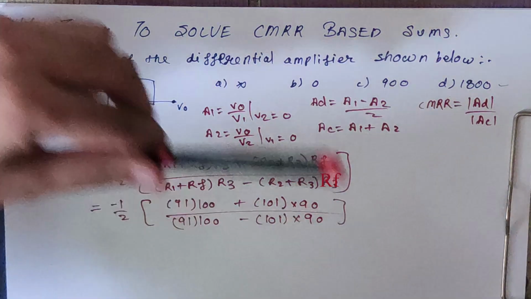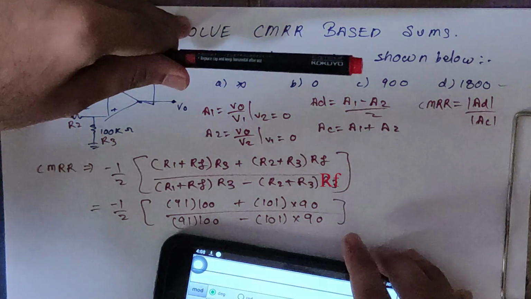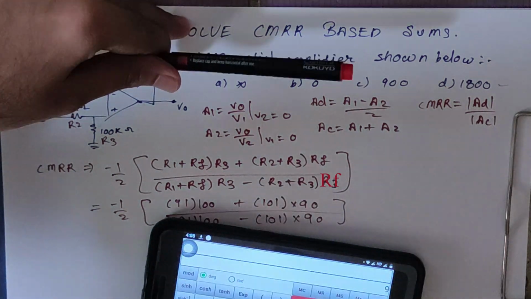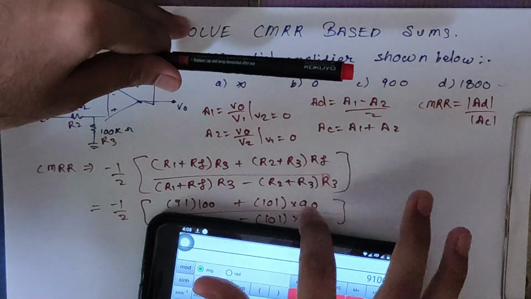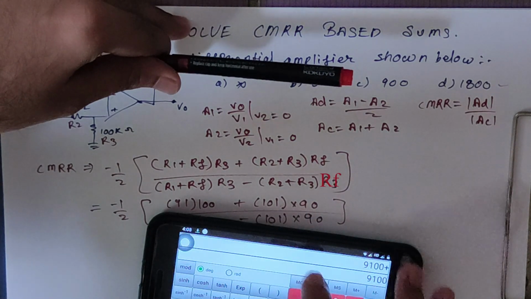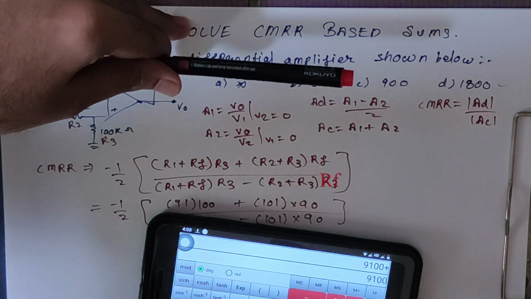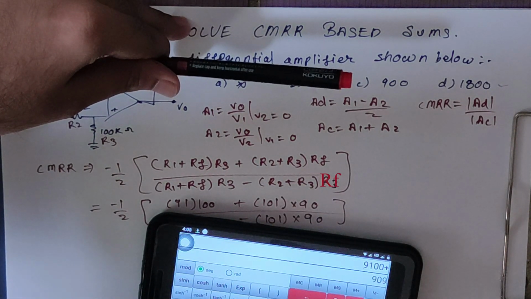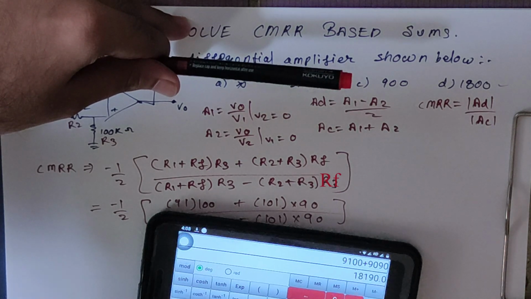Now you have to use the calculator here. 91 into 100 is 9100, plus 90 into 101, which is 9090. So the answer is 18190.